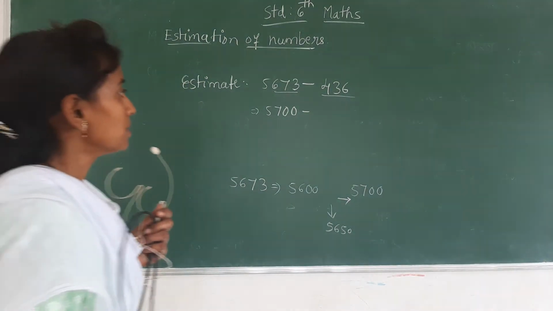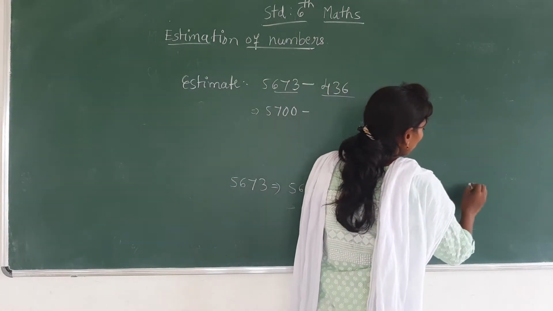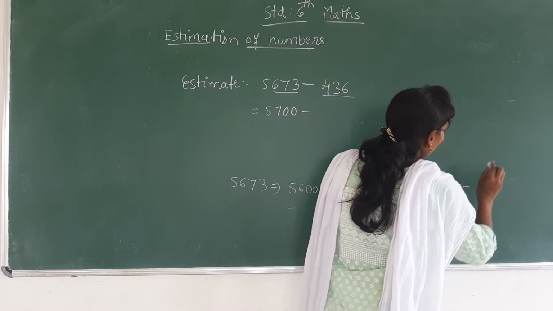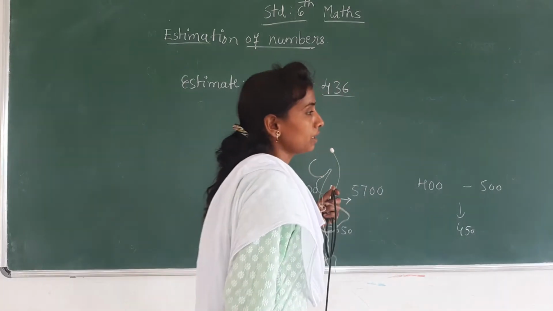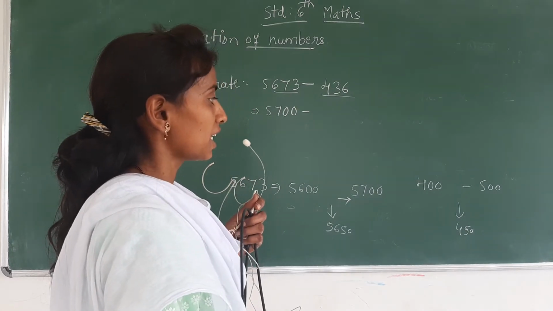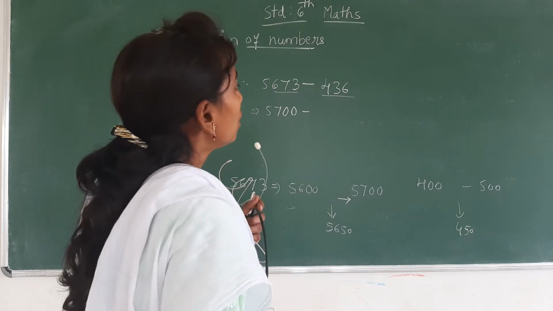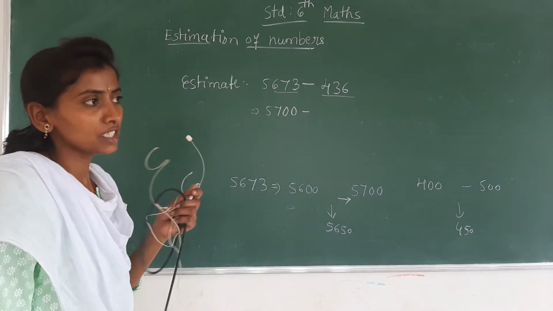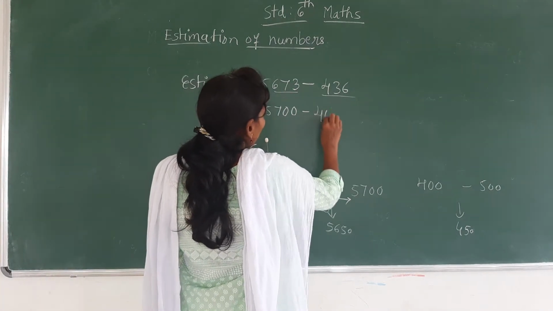436 comes in between 400 and 500. The middle number is 450. 436 comes to the left-hand side, means it is nearer to 400. So the nearest value of 436 is 400.